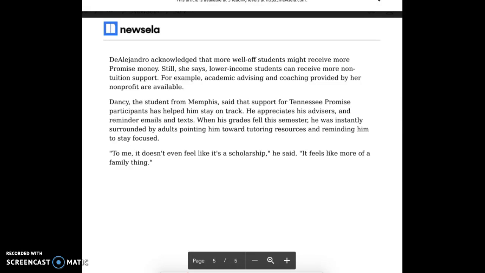Dancy, the student from Memphis, said that support for the Tennessee Promise participants has helped him stay on track. He appreciates his advisors and reminder emails and texts. When his grades fell this semester, he was instantly surrounded by adults pointing him toward tutoring services and reminding him to stay focused. To me, it doesn't even feel like a scholarship, he said. It feels more like a family thing.